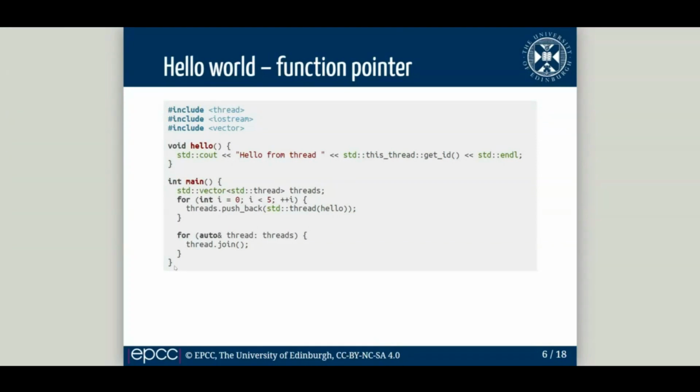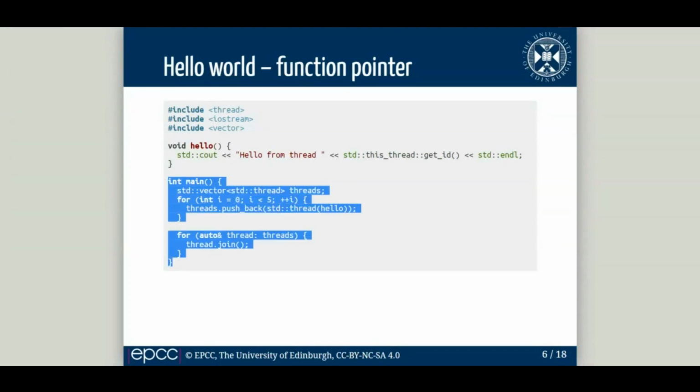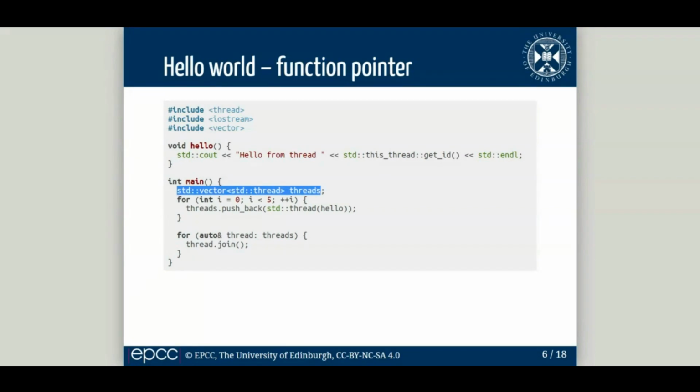So we have here the main function. We have the vector of threads, and here we have a for loop. What I'm doing here with push_back is adding thread objects to this vector.